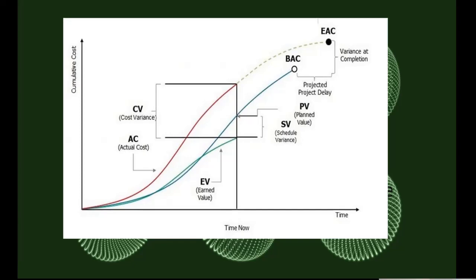But in actuality, does it happen? No. Maybe they spend more money. So actual cost always goes high, right? Actual cost goes high, and then this is the earned value. That means they are doing this kind of work.